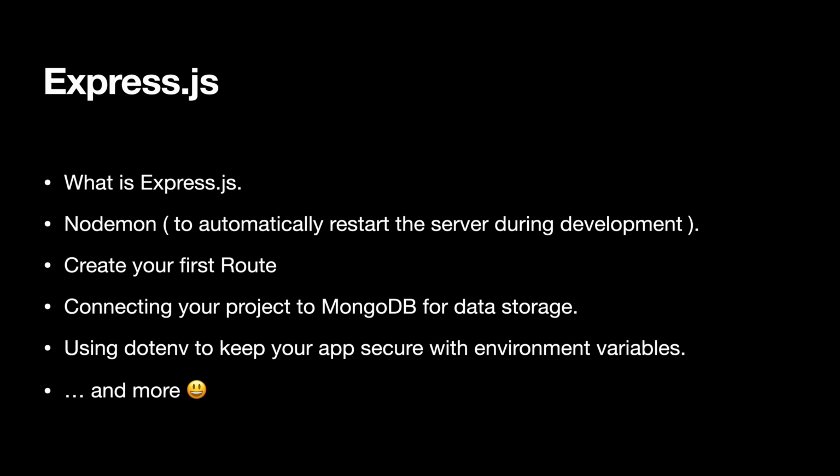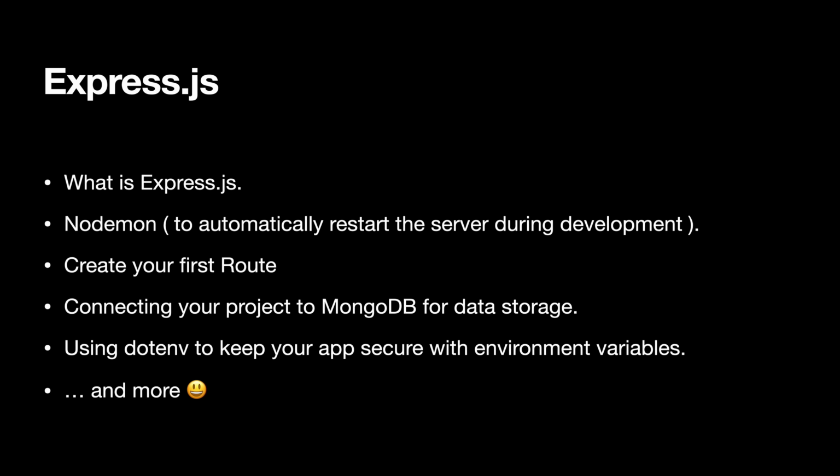In this section, we'll dive into Express.js, the most popular framework for building web applications with Node.js. Express makes it simple to create routes, handle requests, connect to a database, and keep your project organized. What you'll learn in this section: what Express.js is and why it's so widely used, and we will use Nodemon to automatically restart the server during development.